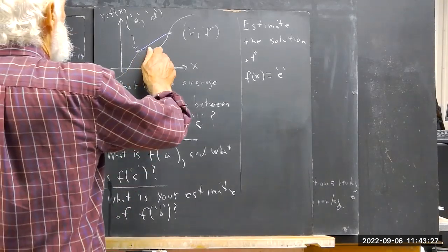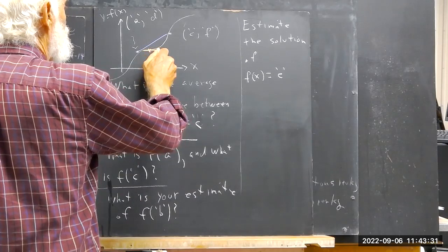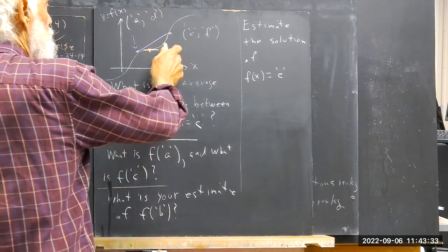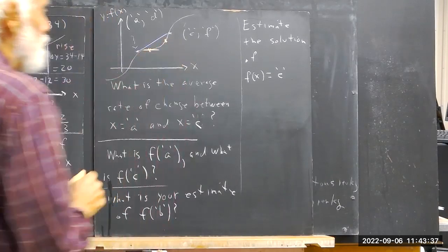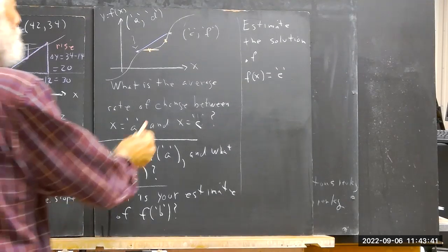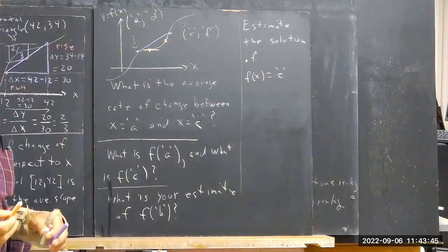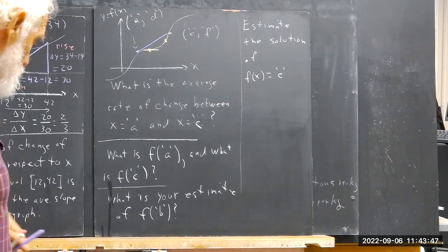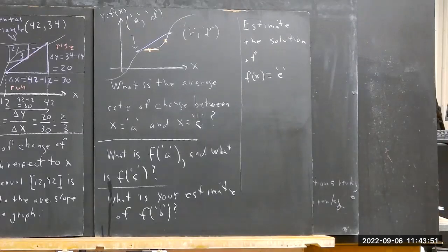Okay, well, I'm going to change colors here. What do you think about the slope here? Well, by tangent line, I mean a line that touches the curve at this point, but doesn't go through the curve. And I can do that with a straight edge.